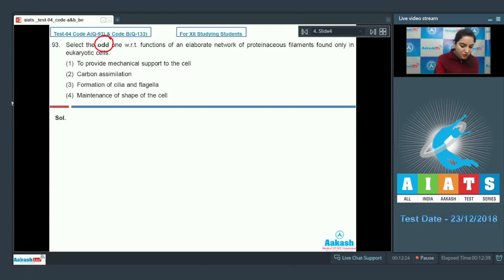Elaborate network of proteinaceous filaments. Can you guess that? What is the elaborate network of proteinaceous filaments? Yes, it is cytoskeleton. So cytoskeleton is the elaborate network of proteinaceous filaments, and they have a job to do.